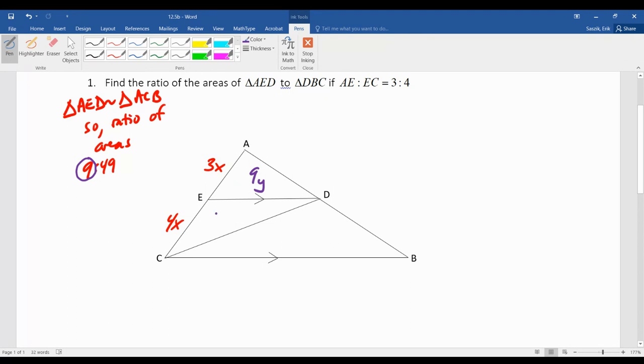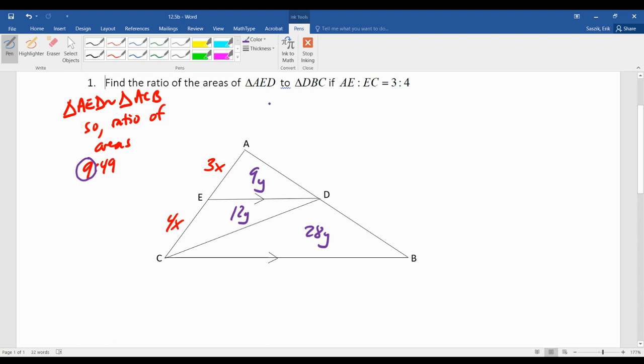Now remember, what did we just say about these two triangles? The ratio of their areas has to be the same as the ratio of the bases, 3 to 4. So if we call this one 9y, this one would have to be 12y, right? And if that's 12y, and this whole thing is 49, this has to be 28y, because 9 plus 12 plus 28 is 49.